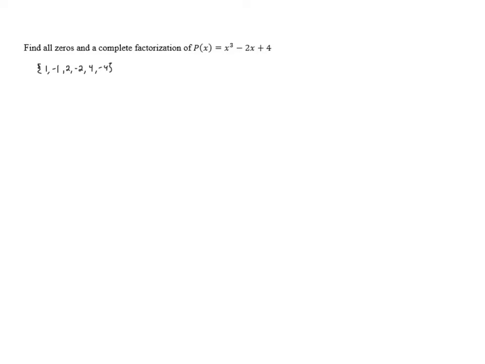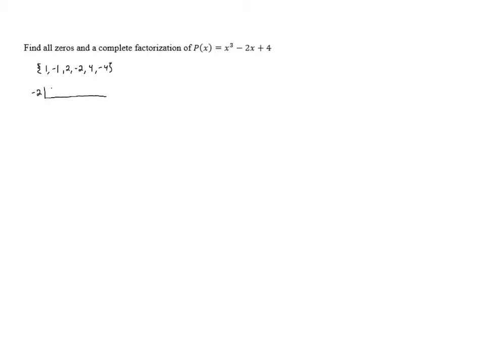Now, the way to proceed here is to try synthetic division on all of these possible zeros until you get one that works out, one that doesn't have a remainder. But because I want to keep these videos short, I am going to skip the ones that I know don't work, and I'm going to jump straight to negative 2.